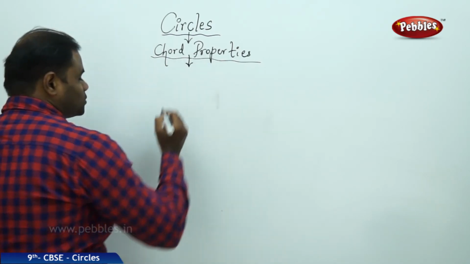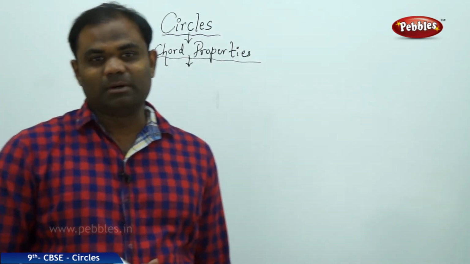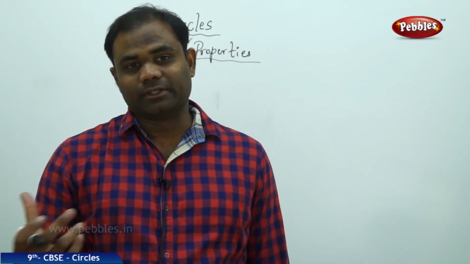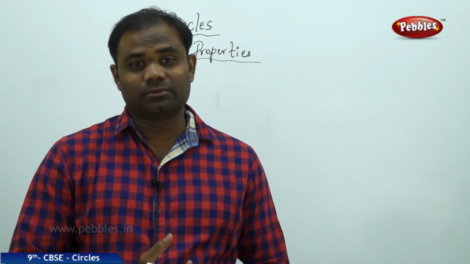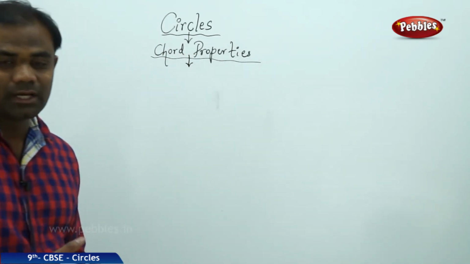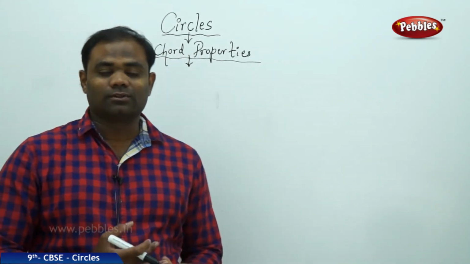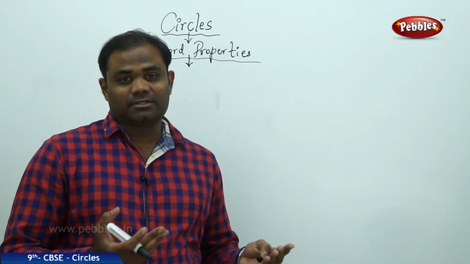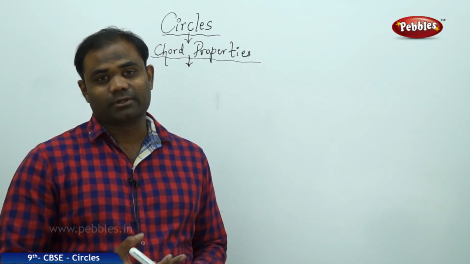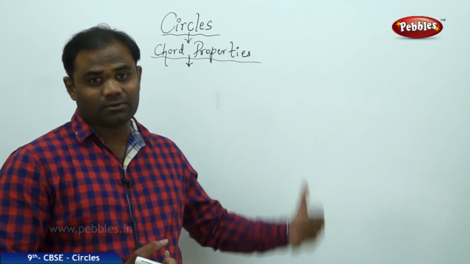So this property 2 mainly refers to the perpendicular line connecting with the chord, or how they are geometrically connected to each other. So let's see how a perpendicular line drawn through a center of the circle to the chord makes some new interesting geometrical properties coming into existence out here.